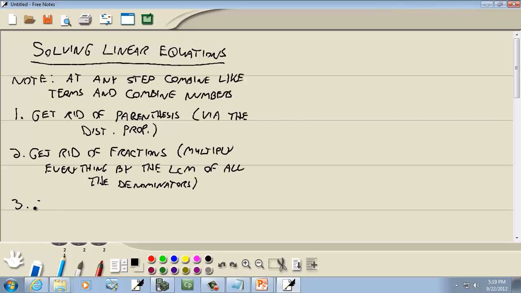And third step, I'll write these in terms of x's. Get everything with an x on one side, numbers on the other side.